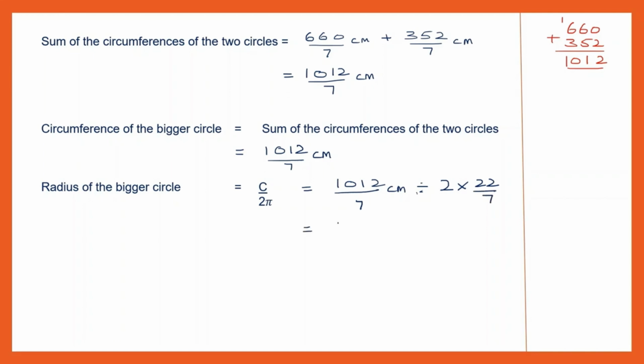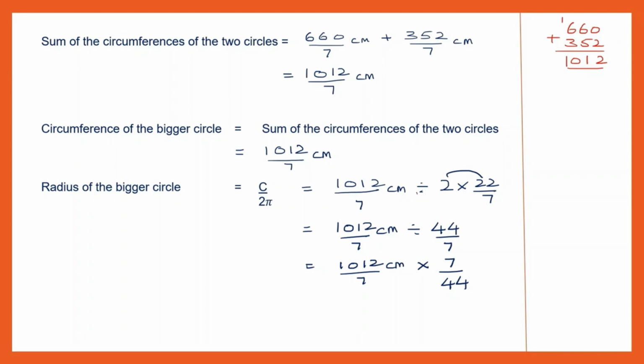So this is 1012 by 7 centimeters divided by 2 into 22 is 44, 44 by 7. Again, 1012 by 7 centimeters. Let's change the division to multiplication and 44 by 7 to its reciprocal, 7 by 44.